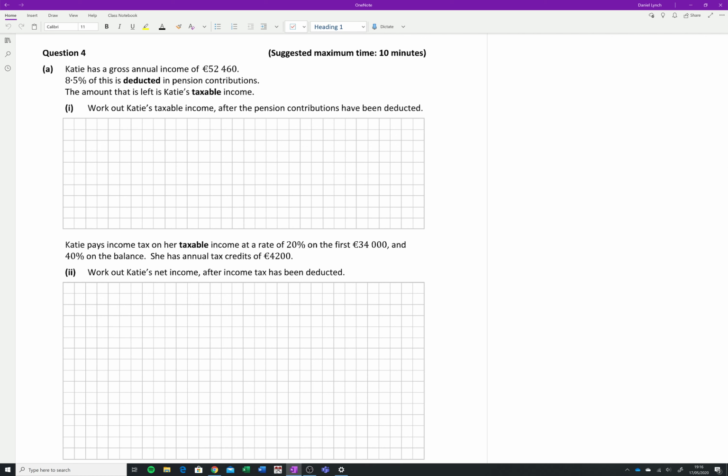It says Katie has a gross annual income of €52,460 and 8.5% of this is deducted. So what we want to do is start off with €52,460 and find out what's 8.5%. 8% would be 8 out of 100 or 0.08. 1%, for instance, is 1 out of 100, that's 0.01.